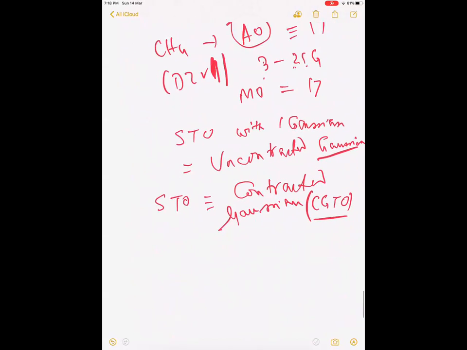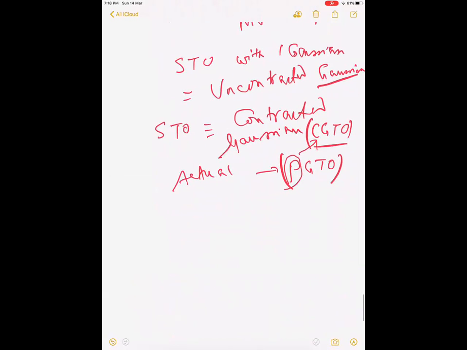And the actual Gaussian orbitals before contractions are called primitive Gaussian orbitals, PGTO. So from the primitive orbitals, I contract them to get a CGTO, which is Slater orbital, and then I get molecular orbitals. So I have PGTOs, mix all of them, some of them, I get CGTO, and then I get MO. So I have just changed the nomenclature.